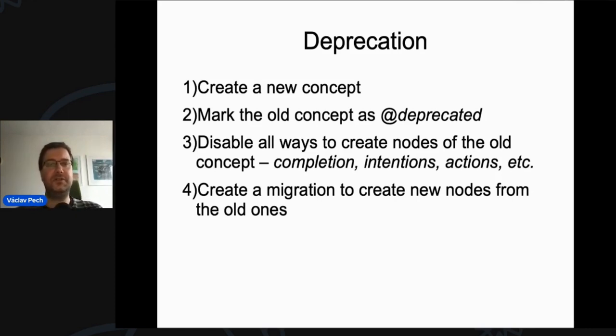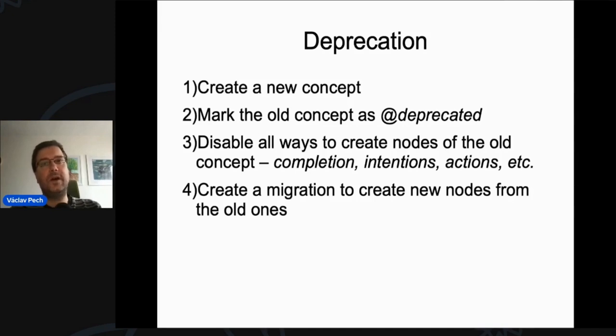So you remove all the intentions, code completion menus, so people have no way to actually add it to their models anymore. And you add a migration that removes the old instances, the deprecated ones, and replaces them with the new ones. So this way, well, the old concept is still present, but it's not really in the model anymore. And in the next version, you could perhaps remove it altogether.